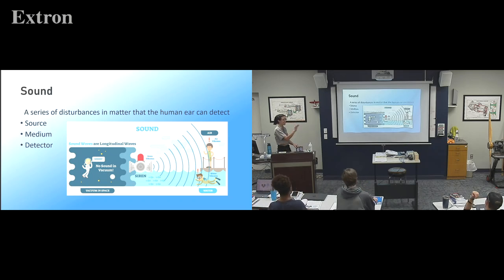But for sound to occur, you do need a source, so something creating the sound, something moving, vibrating, causing vibrations in the medium, which is going to carry the sound, and then something to detect it, like our eardrum, which senses those vibrations.